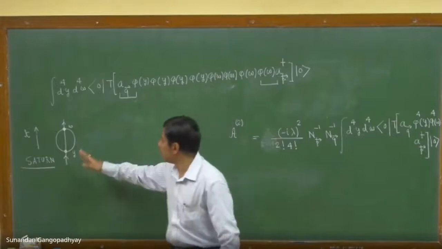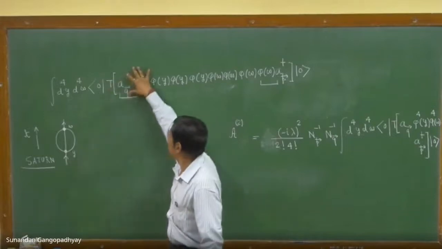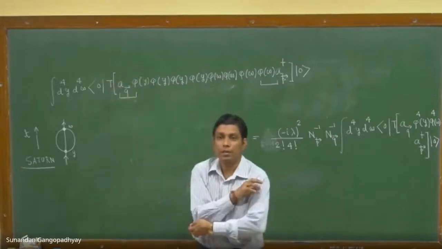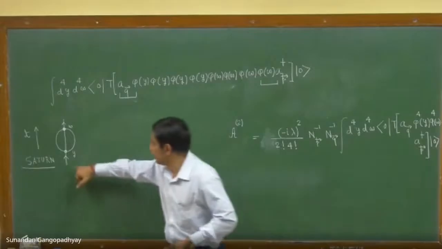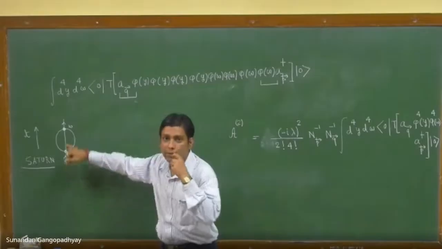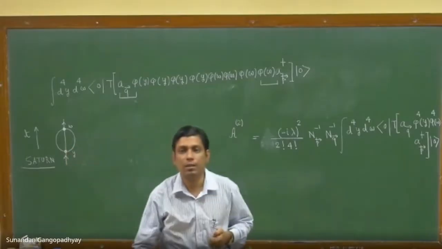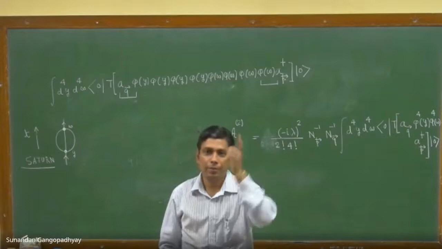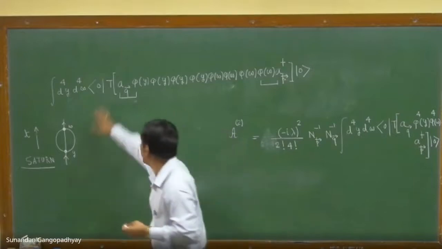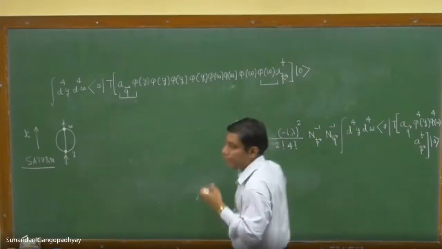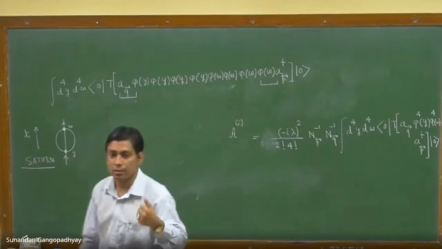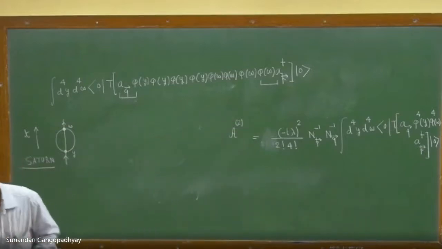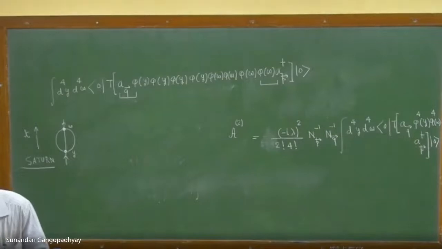It tells you that this actually gives you the outgoing particle, the plane wave that is going outside. And from here you will similarly get the particle being created. So you can understand how we got that.